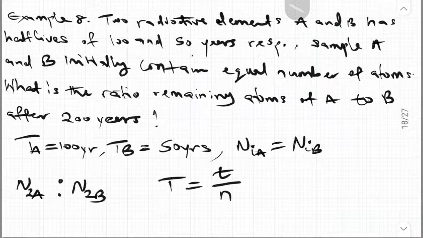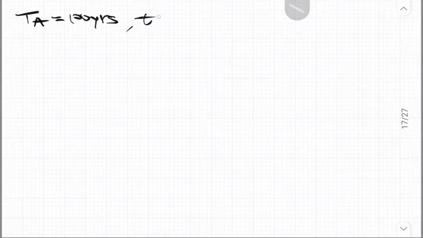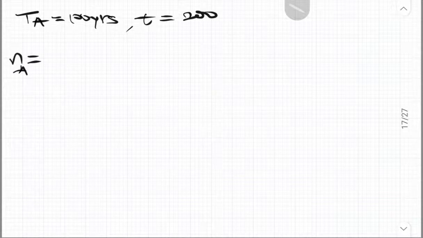And actually, we are considering the ratio of the initial amount of A to that of B after time t, which is 200 years. So small t is 200 years. Of course, the number of half-lives for A will be small t over big T_A.